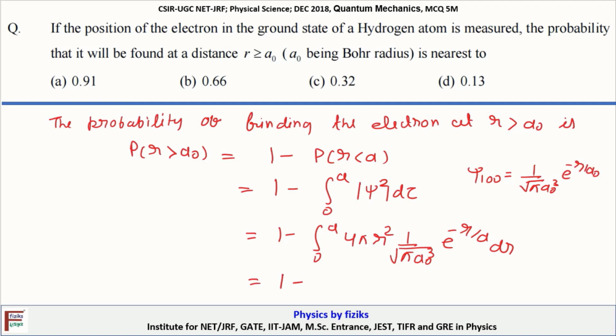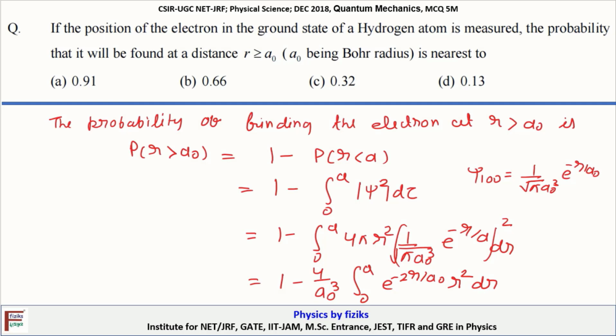That means 1 minus 4 by a0 cube times the integral from 0 to a of e to the power minus 2r by a0 times r squared dr.